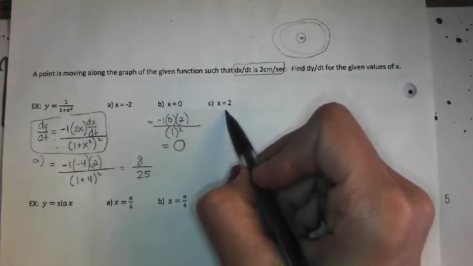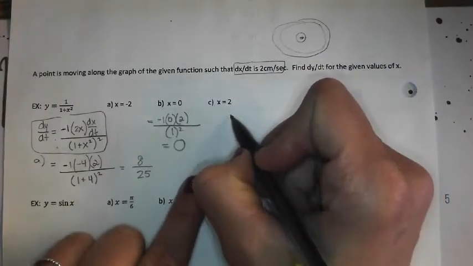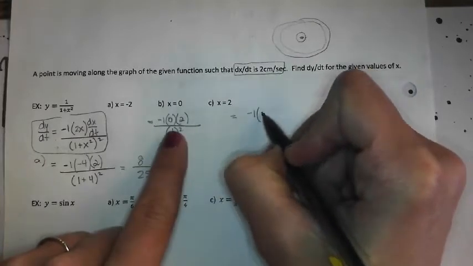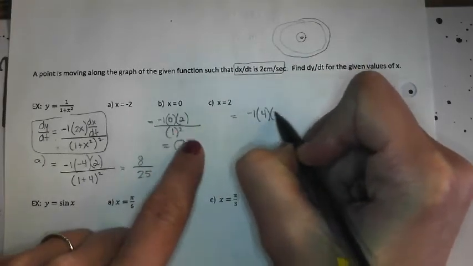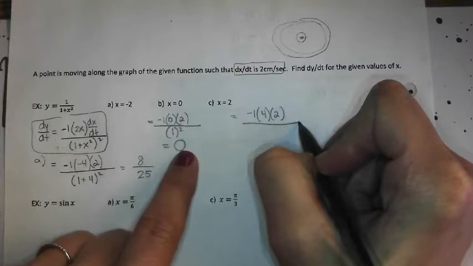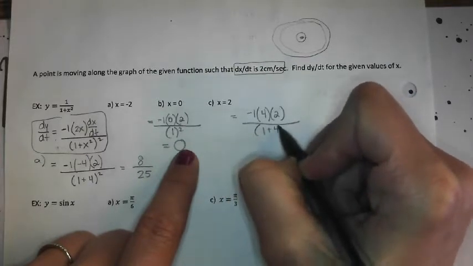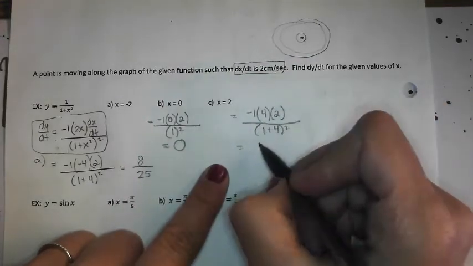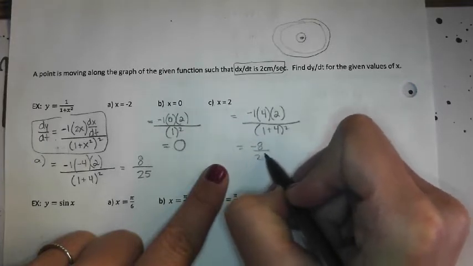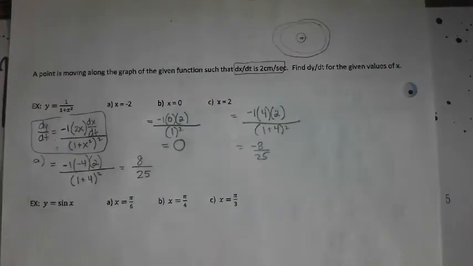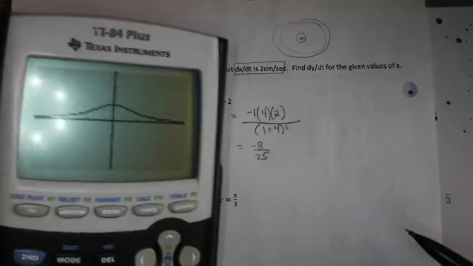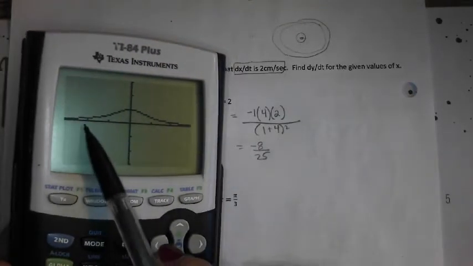And at +2, we would get -1.4.2, same thing we got the first time, -8/25, because that's symmetrical. So just to shed some light, we just did the -2 and the +2.